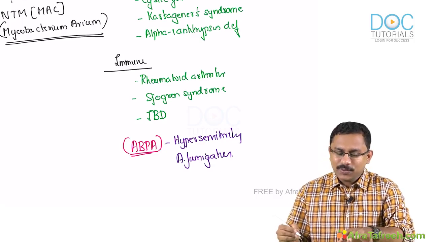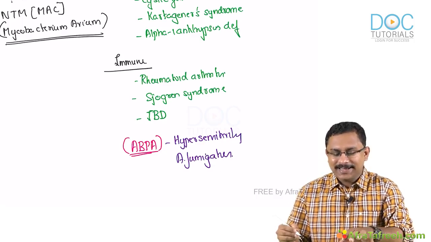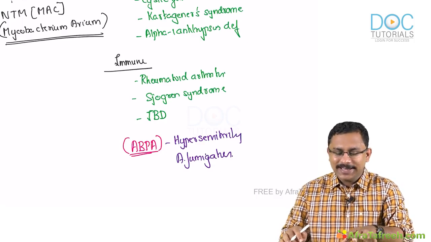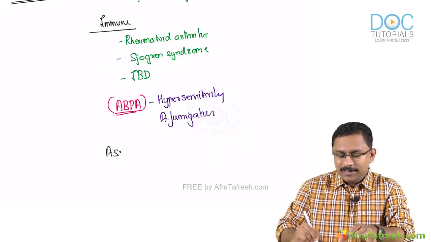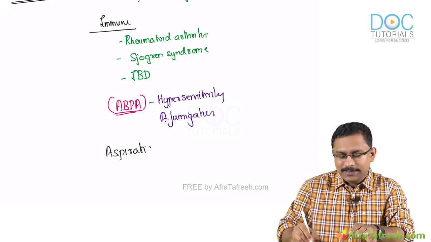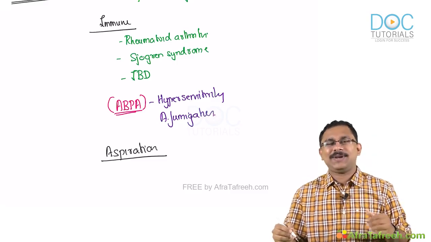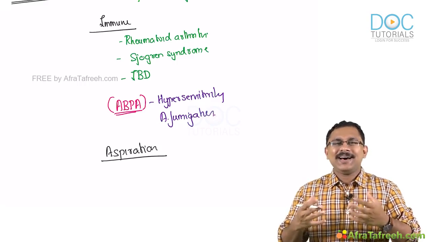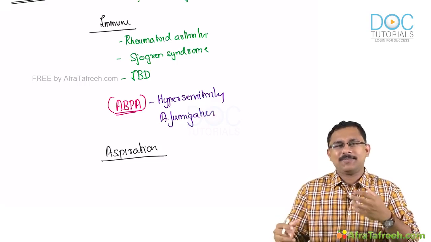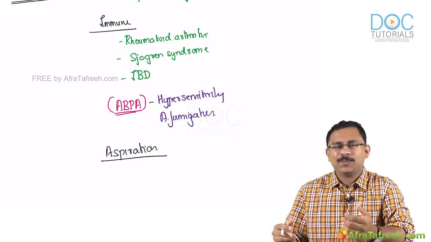So immunocompromised state, genetic conditions, immune mediated states. You can also have aspirations. When there is repeated micro aspiration, it might not be a large single volume aspiration, it might be repeated micro aspirations.